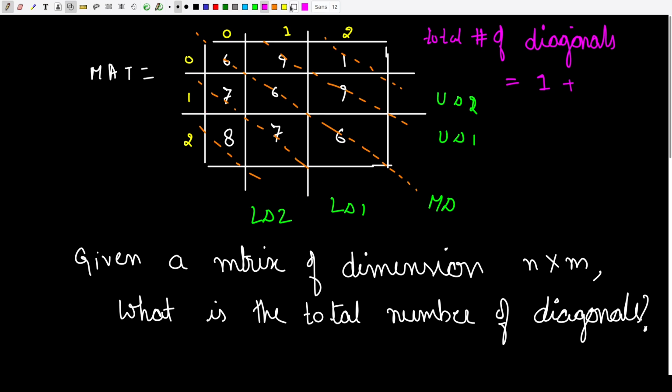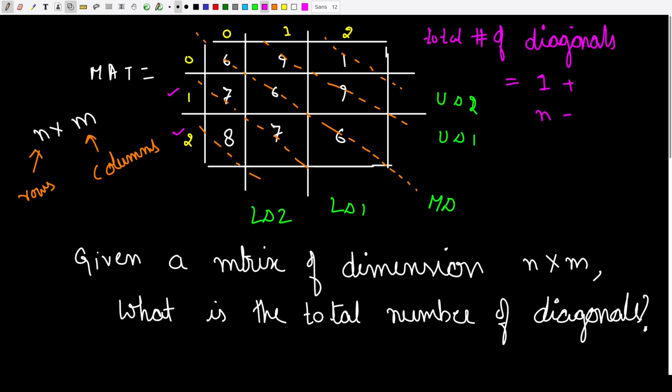So remember, the matrix dimension is n by m, which simply means this is the number of rows we have and this is the number of columns we have. So if we have to compute the number of lower diagonals, then the number of lower diagonals is equal to the number of rows which we have, because each of these lower diagonals will start from the row itself.